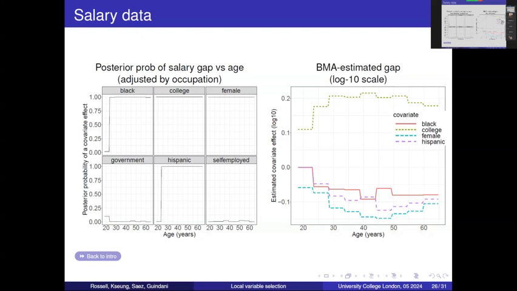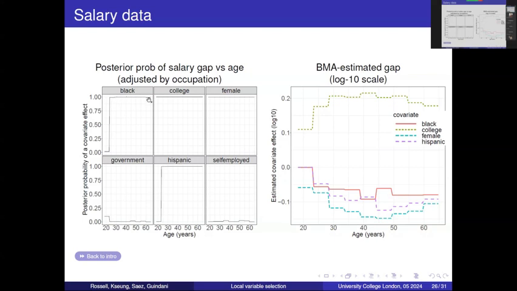On the y-axis what we have is the posterior probability, using the Bayesian framework, that the covariate has an effect on salary. So for example, over here, with this panel, what we have is the posterior probability that being black is associated with log hourly salary at different ages. And what this evidence suggests is that this association is present most of the time.